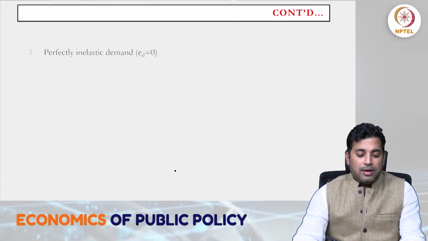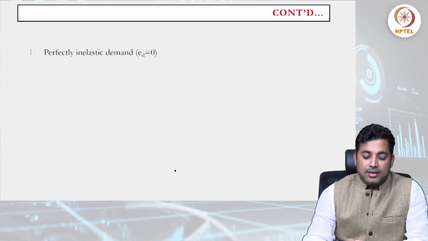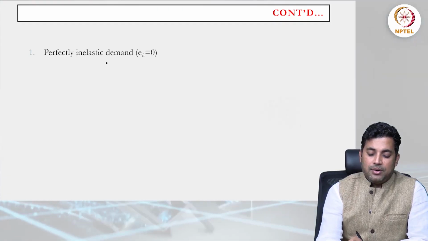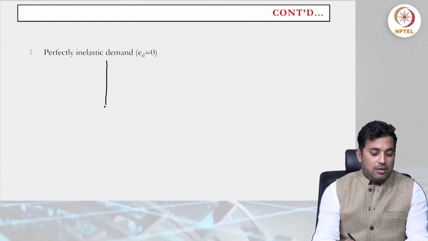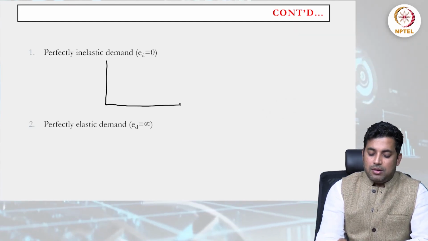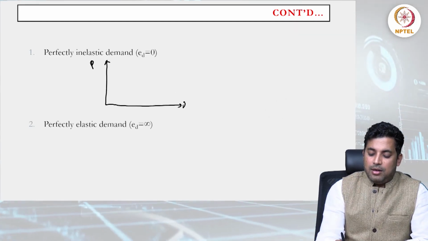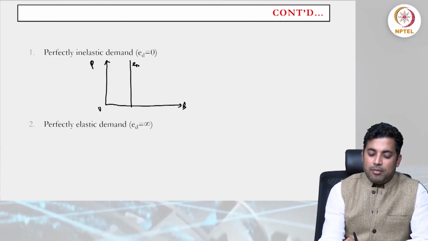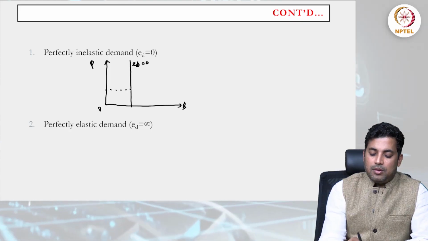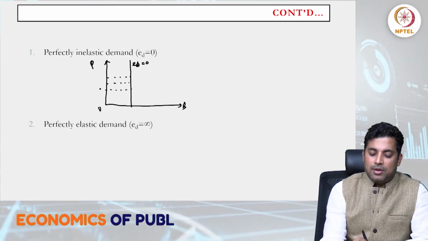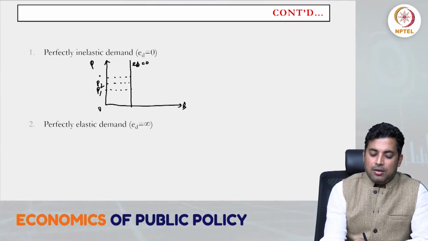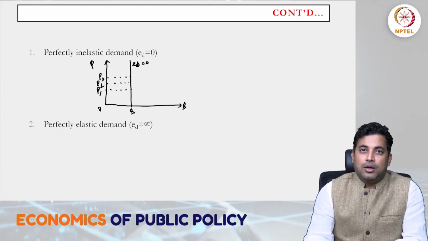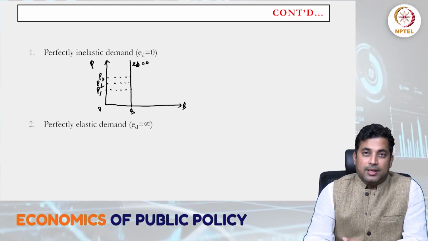So now let's talk about perfectly inelastic demand. It is again P and Q, and we know this is a vertical straight line, where changes in the price, either increasing or decreasing, will have no impact on the quantity.